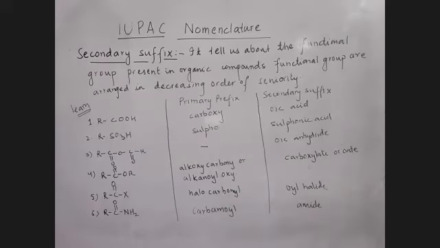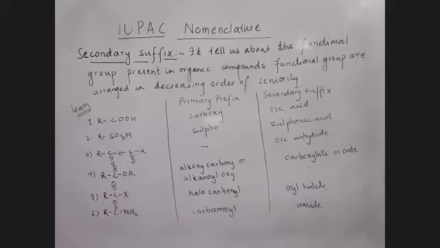Oic acid. What is primary prefix? What is secondary prefix? I'll explain each and everything. Carboxylate or oate. But first, copy this and you have to learn this table as it is.